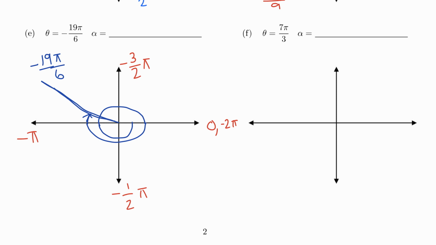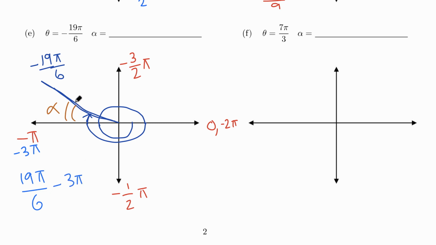Then that leaves this angle with the x-axis, the reference angle alpha. So how do we determine that then? Now we just subtract these two angles. This is 3 pi, so we can think pi, 2 pi, 3 pi, same as negative 3 pi. So subtract one of them from the other. This is a little bit bigger than 3 pi, right? So 19 pi over 6 minus 3 pi.